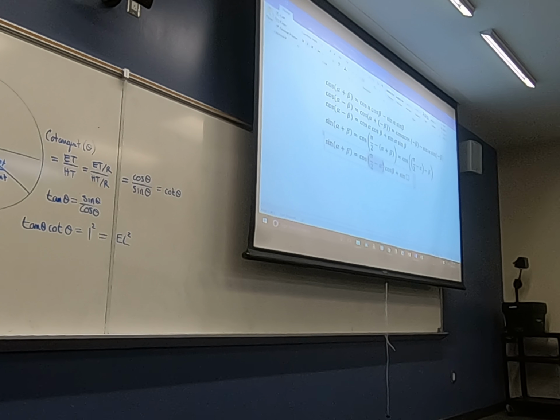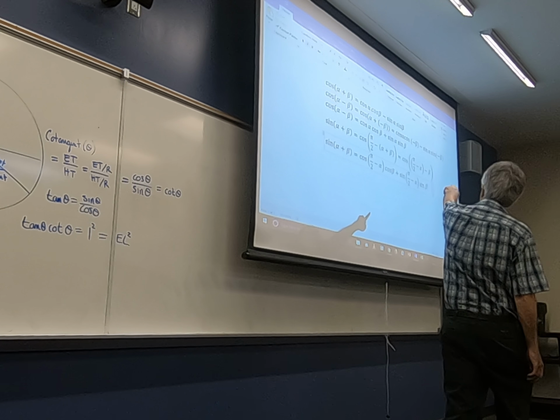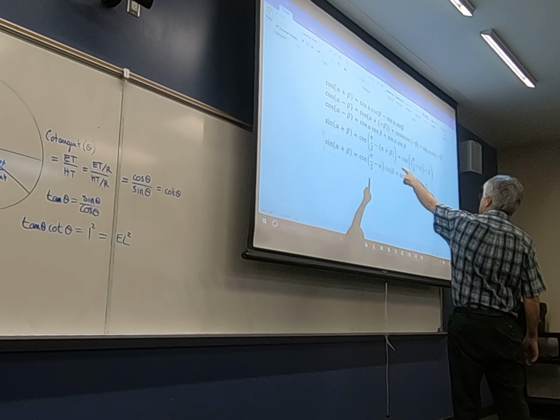So I'm just applying the cosine of the difference: the cosine times the cosine plus the sine times the sine, right? But we know about the cosine of pi over 2 minus alpha. That's the complement, right? So that's the sine of alpha. So I can rewrite this. I'm going to recopy this whole thing.